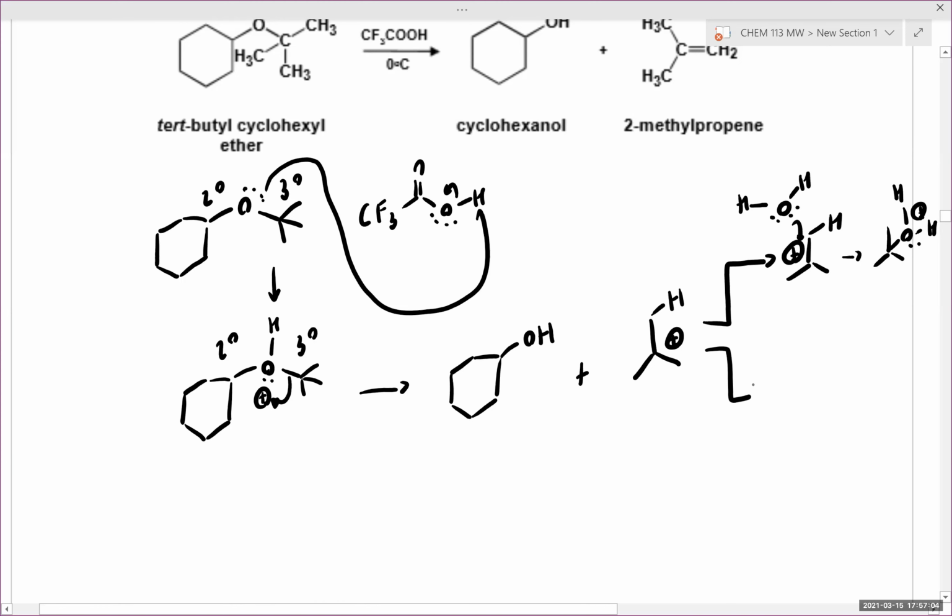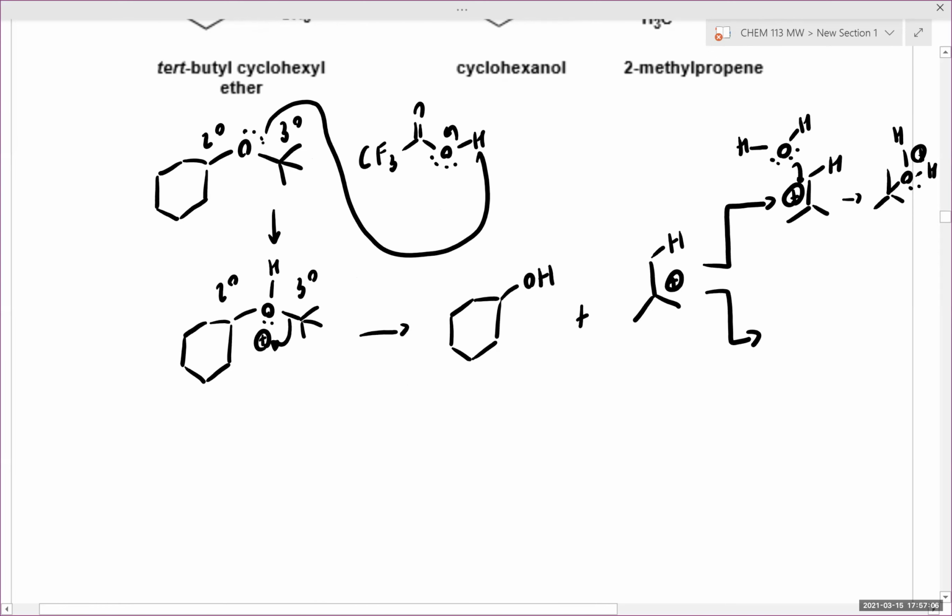The second option for our tertiary carbocation is that we can eliminate a proton to generate an alkene via an E1 mechanism.